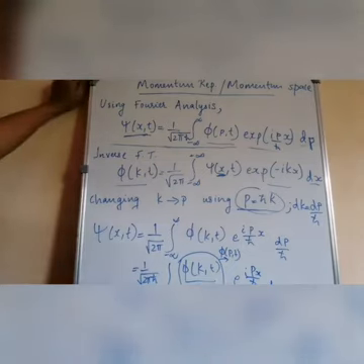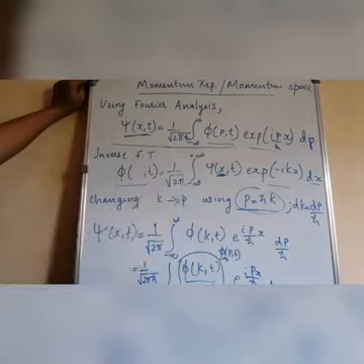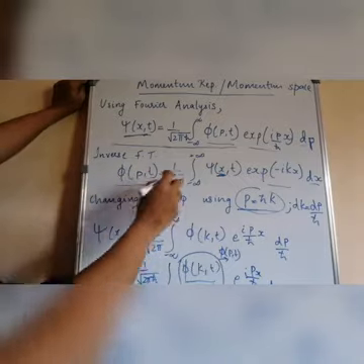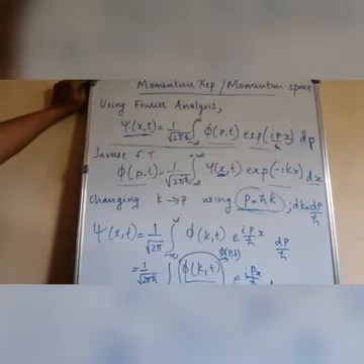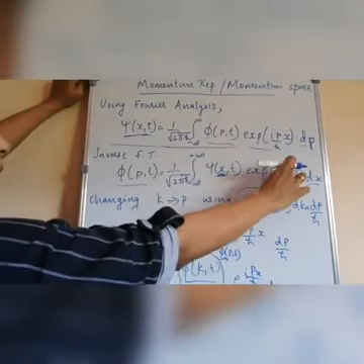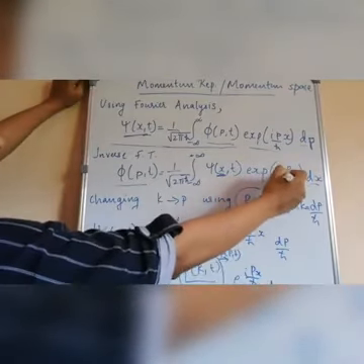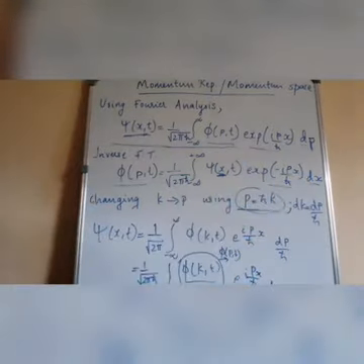Now the inverse can be written as phi of p comma t equal to 1 by the square root of 2 pi h cut, integral psi of x comma t, exponential minus i p x by h cut dx.